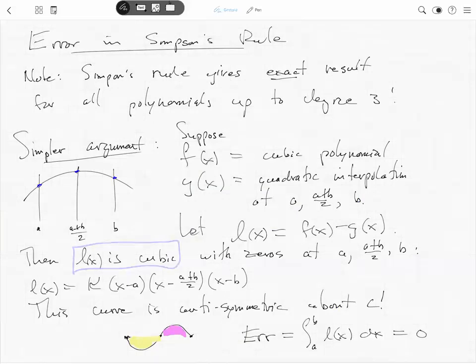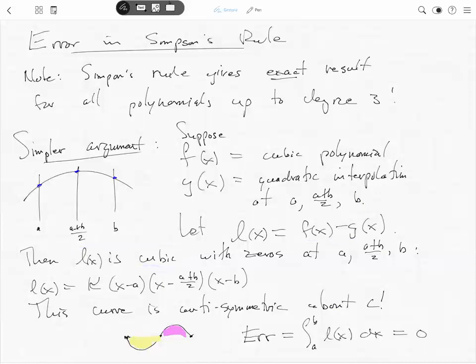Furthermore, the other thing that we know is that L is 0 at these 3 interpolation points, because f and g take the same values at those 3 interpolation points. That's how we form g, by copying the values of f at those 3 points. So f minus g is going to be 0 at those 3 points.